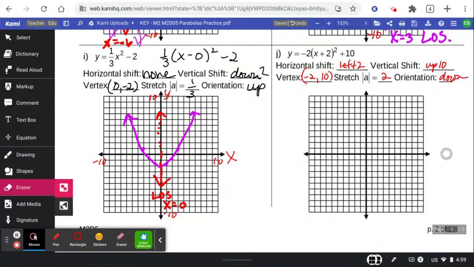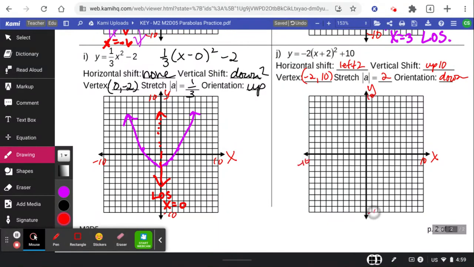-2, up 1, 2, 3, 4, 5, 6, 7, 8, 9, 10. Oh, dang. Way up there at the top, and then it's growing down 2 times as fast.